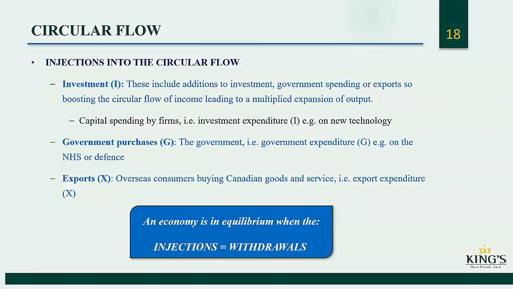Suppose we have all three of these new sectors and all of a sudden there's a new investment. So money is spent on business investment. Now you'll be out of equilibrium. The pressure of that water going around will increase.